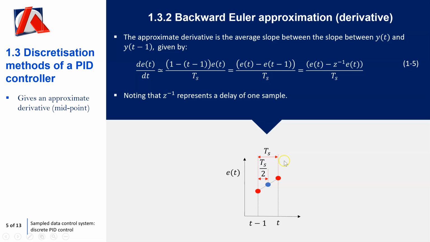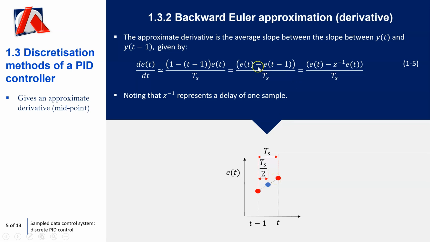What that's effectively given us is an approximate derivative at the midpoint of these two points. So it's effectively taking the mean of these two points and determining that point there. The width is Ts. So what that's telling us is that we've got a delay of half a sample in terms of the information that's been provided.